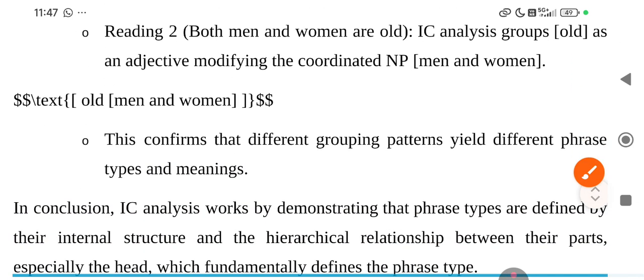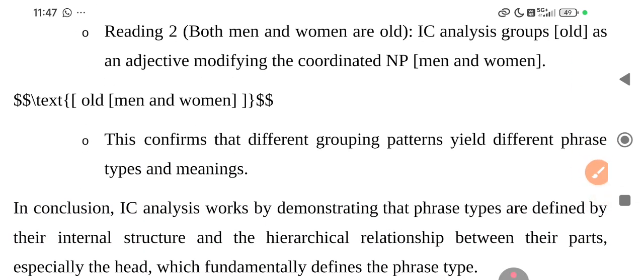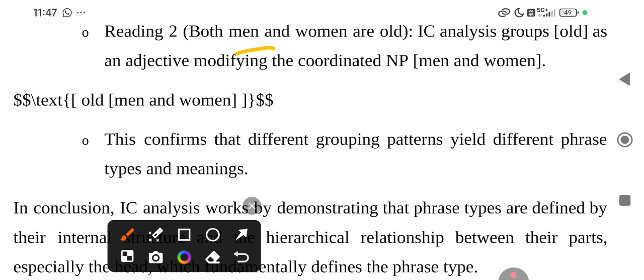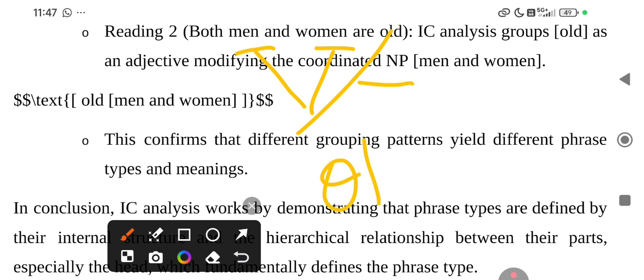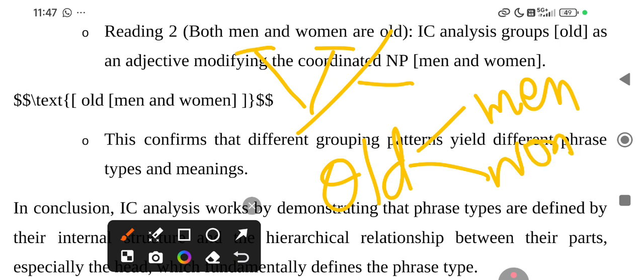Reading 2 says both men and women are old, right? So both are old. IC analysis groups old as an adjective modifying the coordinated NP, right? Old is modifying the NP men and women.